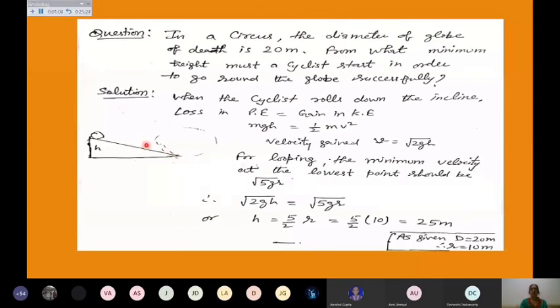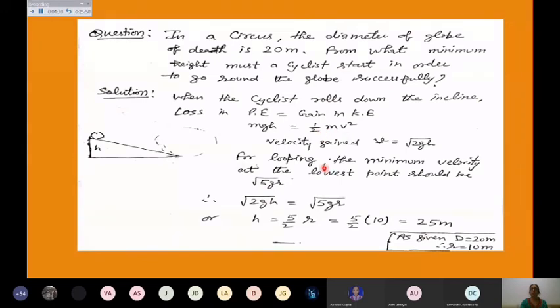I can use again the conservation of mechanical energy. That means mgh equals half mv square. The velocity gained at this point, if it starts with 0 velocity from height h, let me suppose is v, then v equals square root of 2gh by solving this equation.